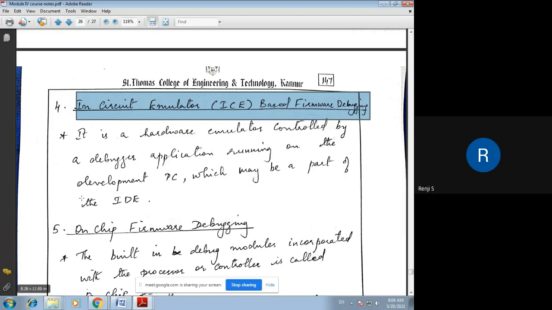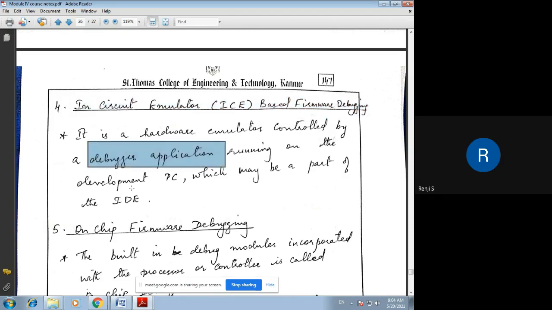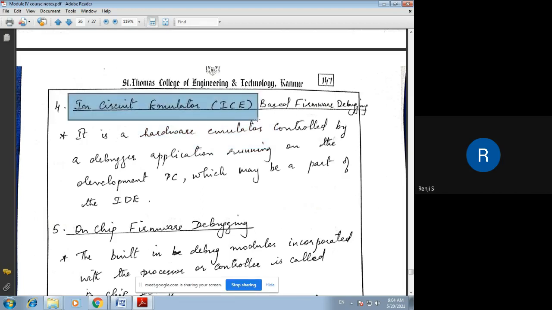The debugging application here comes as a part of the IDE that we are using. So this is one method, using a hardware emulator to check the firmware, and this hardware emulator is called in-circuit emulator, or ICE.